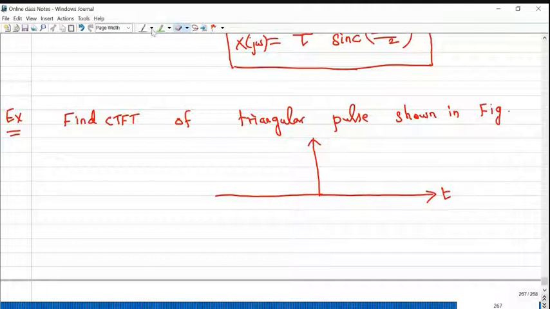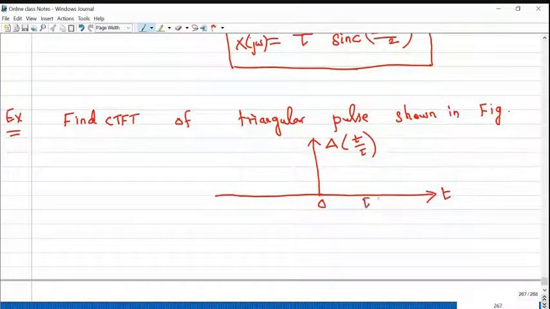So rectangular pulse. The representation of the triangular pulse is del of t by tau, with points 0, tau by 2, minus tau by 2.